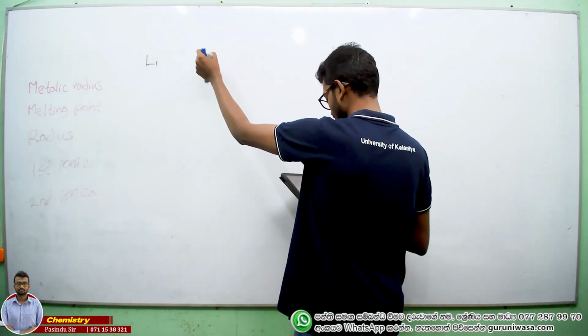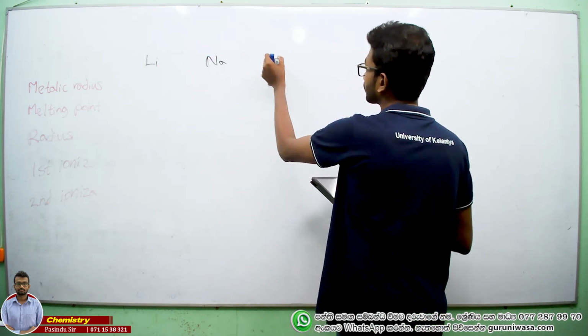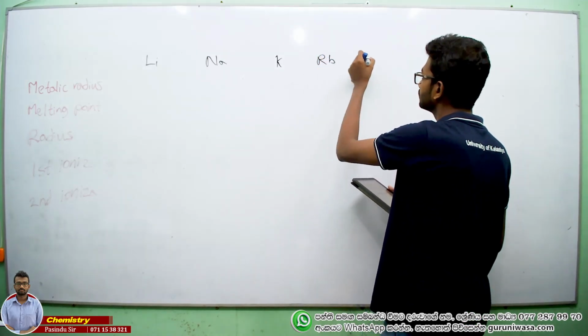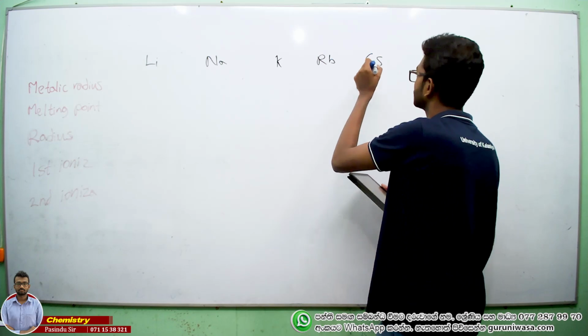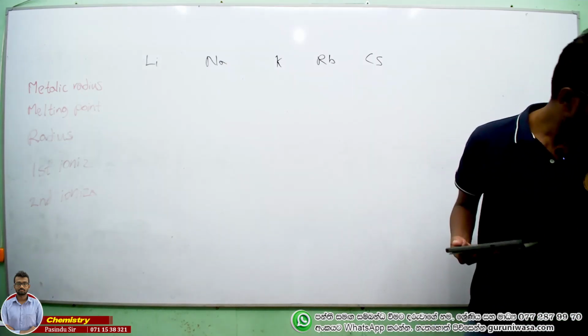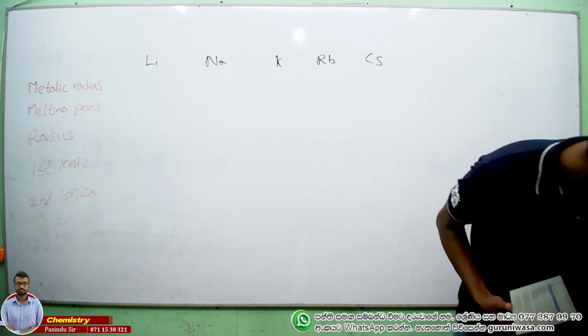Lithium, sodium, potassium, rubidium, cesium, Cs. Metallic radius, right?